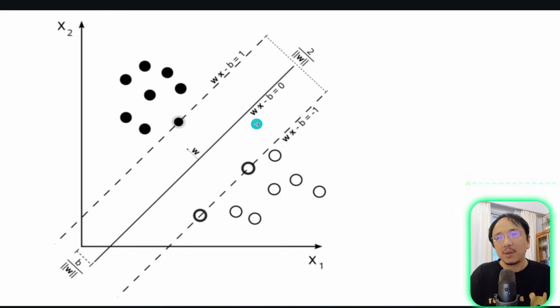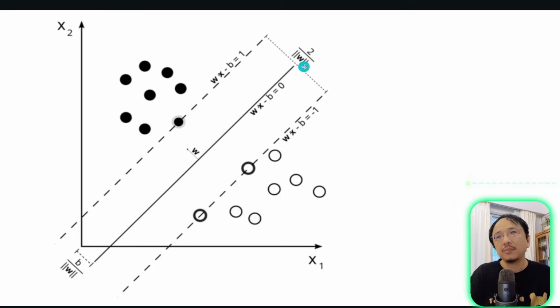Basically, we are trying to find the function of a straight line, wx minus b equals 0. This is our straight line.